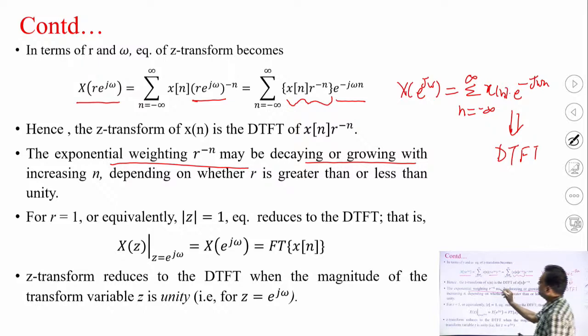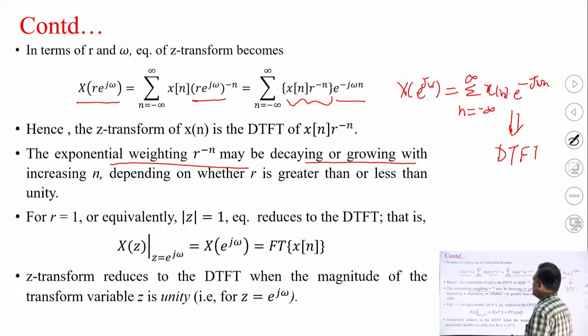The issue was that x[n] was not absolutely summable, but when we include r^(-n), x[n] r^(-n) can become absolutely summable, so that we can apply the z transform over it.